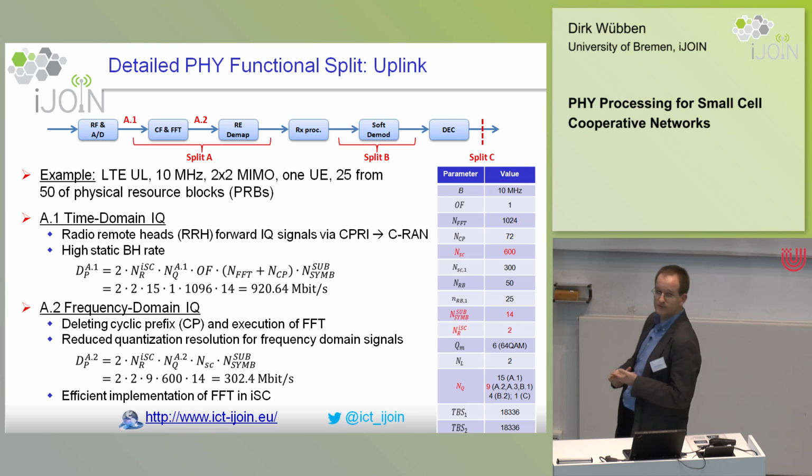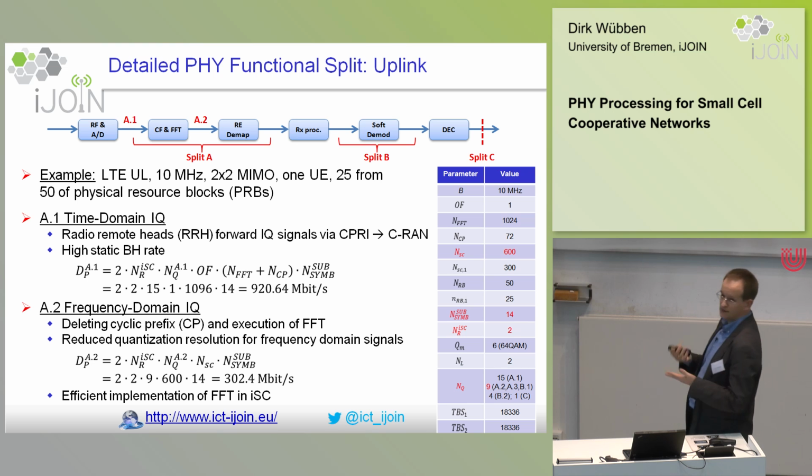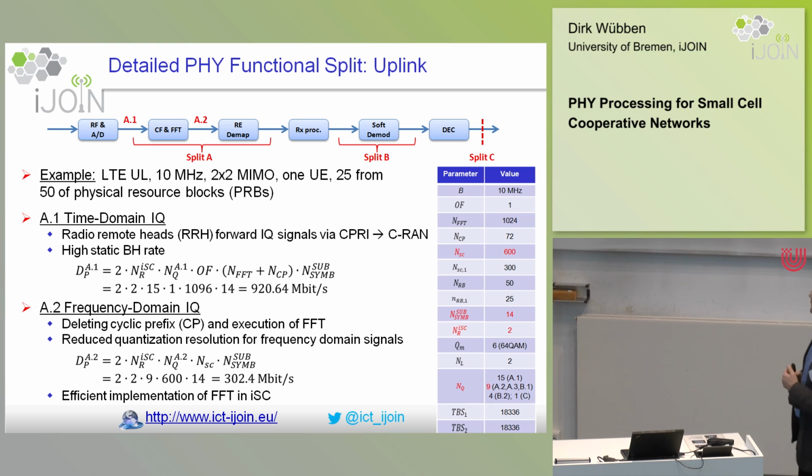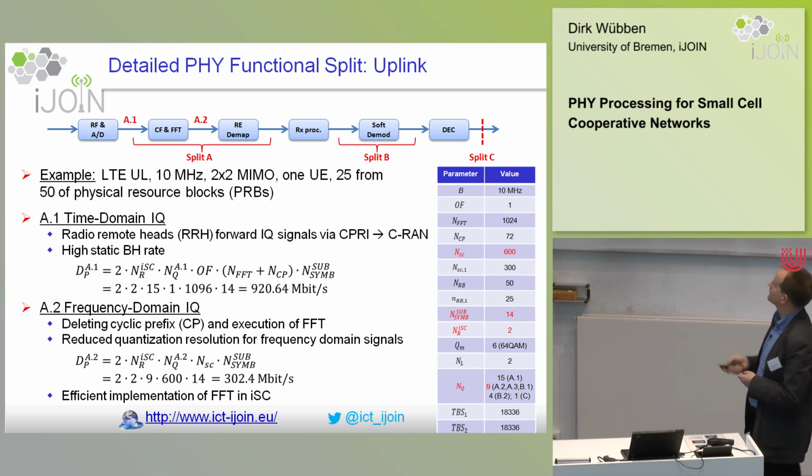Then for each received signal, of course, we have to transmit the corresponding signals. Then, depending on the quantization level that we are using, here we are, for example, using for this split option 15 bits per I and Q component. The oversampling factor is for simplicity assumed here to be 1.